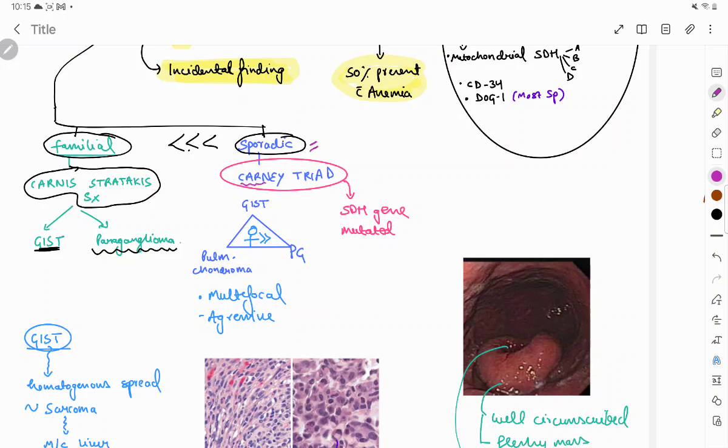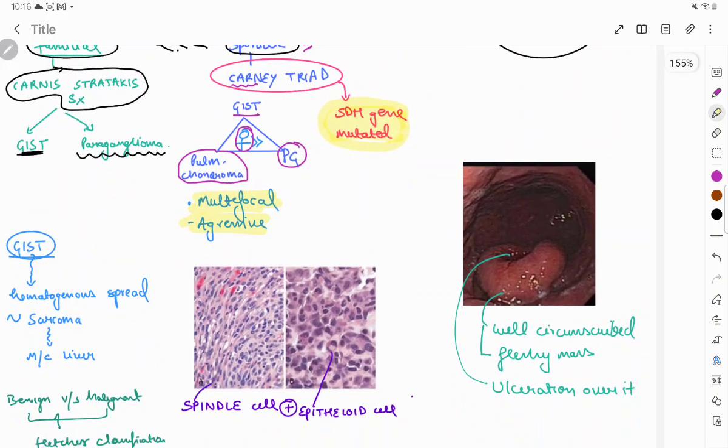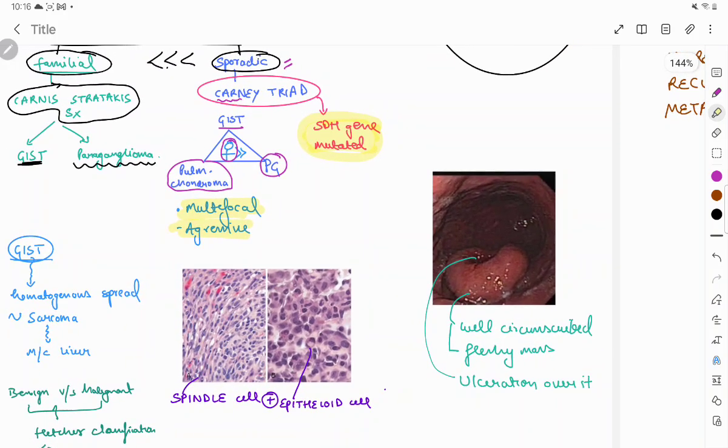This triad consists of sporadic GIST, paraganglioma and pulmonary chondroma. So we will generally have a female who presents with paraganglioma, GIST and pulmonary chondromas. Note how this sporadic GIST is what we are worried about because it is multifocal and really aggressive. Not only this, Carney's triad has an SDH gene mutation and this makes treatment more difficult. We will study about it later.